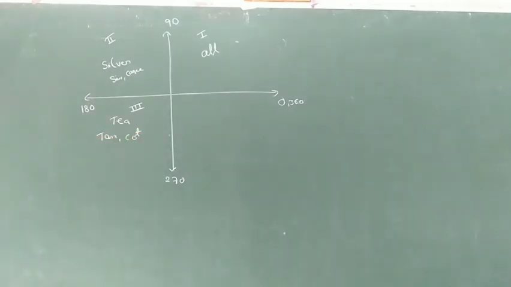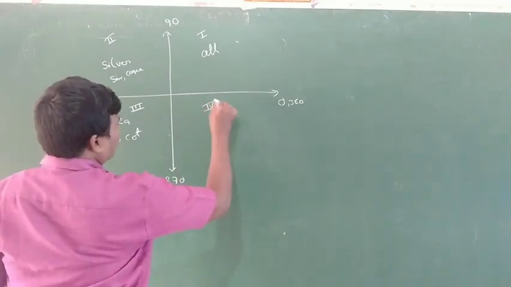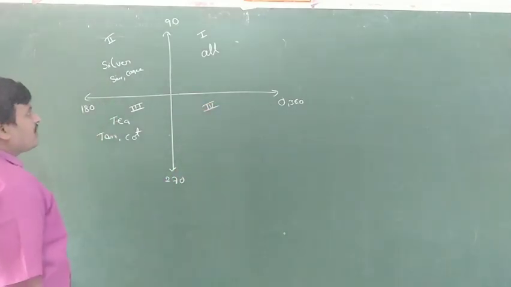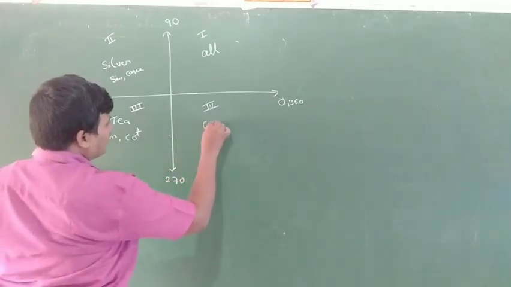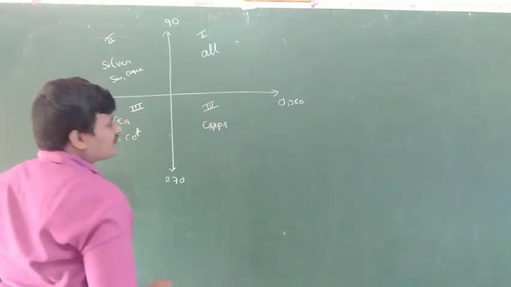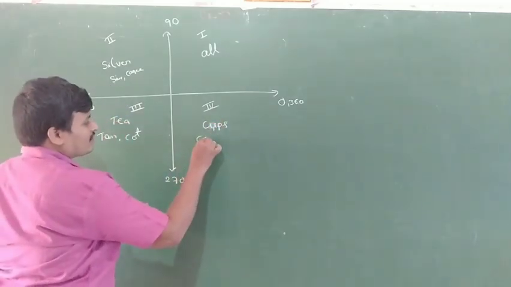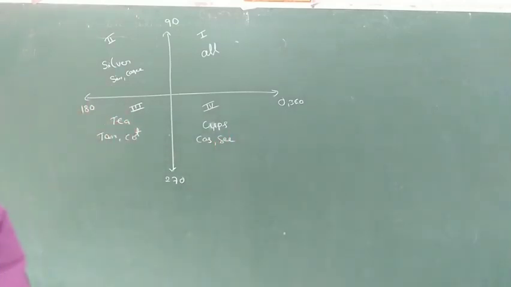Tan, cot are positive, which means the remaining are similarly negative. So the fourth quadrant. In the fourth quadrant, all silver teacups. C for cos, reciprocal secant. These two are positive in the fourth quadrant.